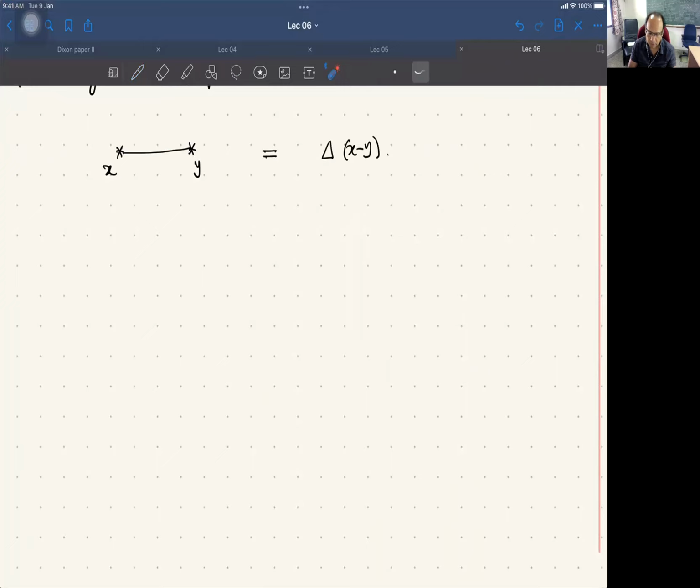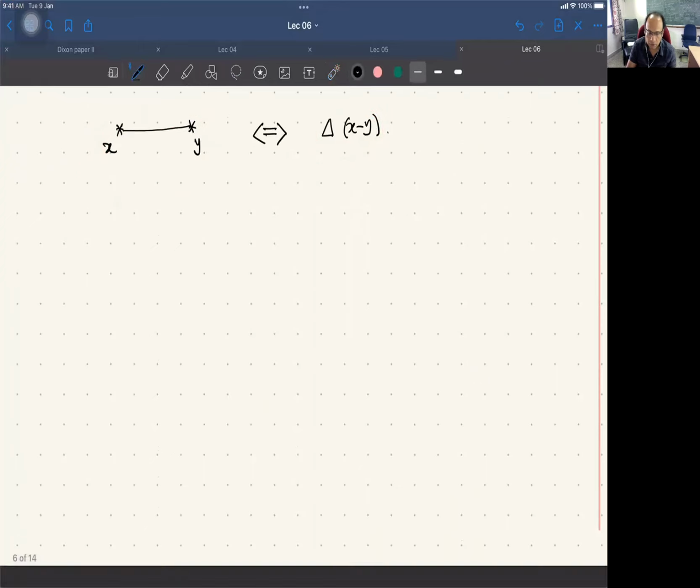And so given a diagram like this, correspondingly there is a mathematical expression. Of course this is not an equality, it's something, let me put it like this. The mathematical expression is equivalent to this diagram and vice versa.